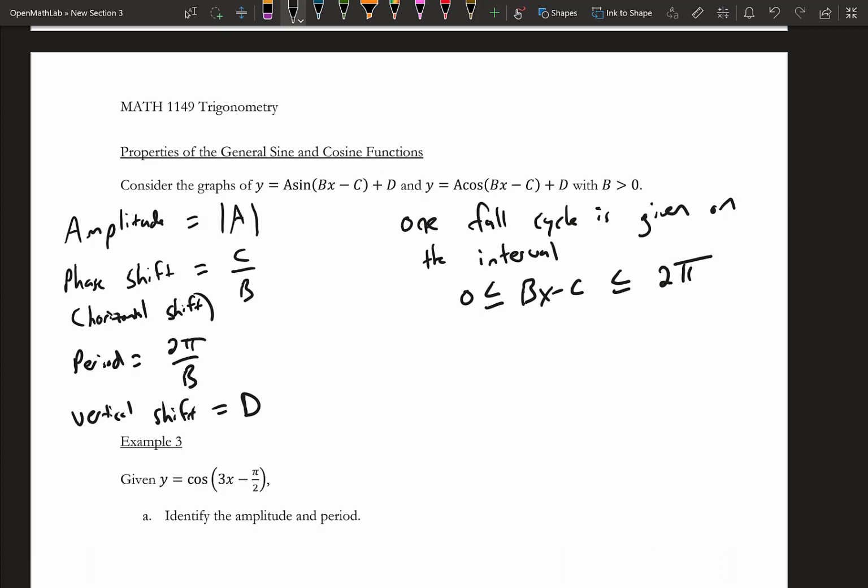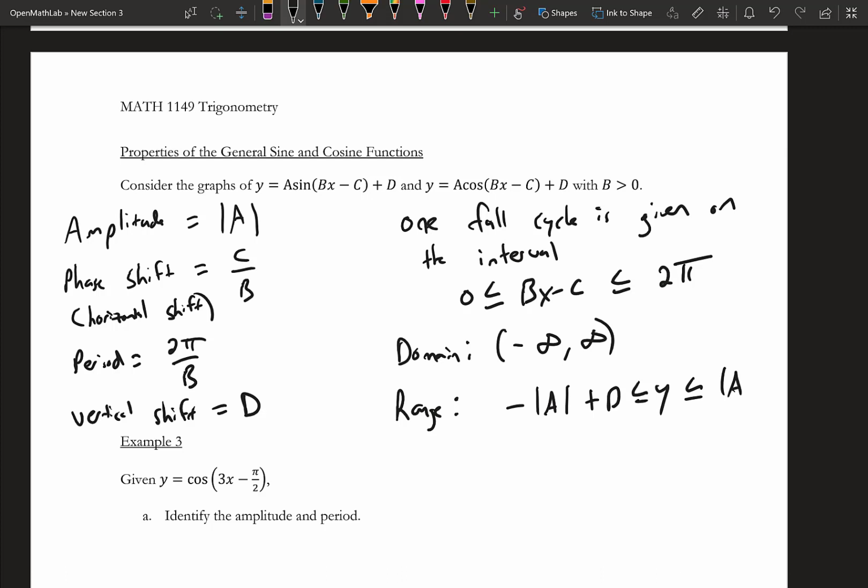So if we plug in the bx minus c part into that, then we can solve for x and find out what the full cycle interval would be. And then the domain we know will be negative infinity to infinity. And then the range, to figure that out, you're going to use this inequality: negative absolute value of a plus d less than or equal to y less than or equal to absolute value of a plus d. So we just need to solve that, and we can figure out the range.